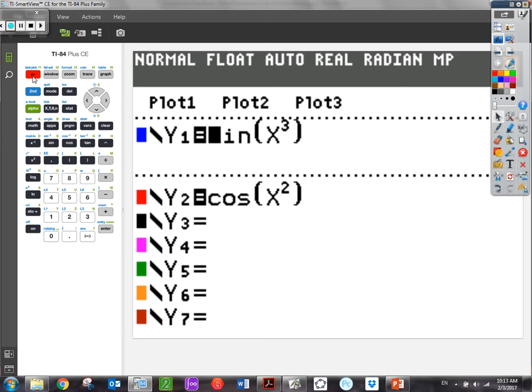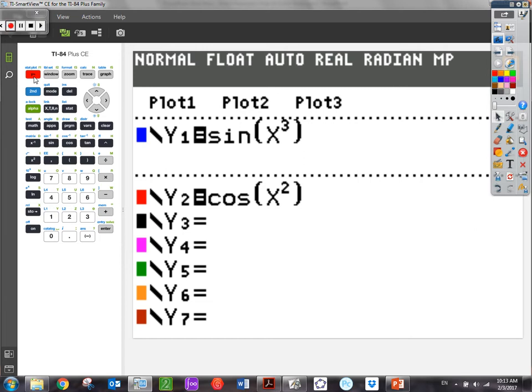And if you forget which is which, it could get a little confusing. So I put dx dt in y1, which is sine x cubed, and I put dy dt in y2, which is cosine x squared. Okay, so we get those in our graphing part.